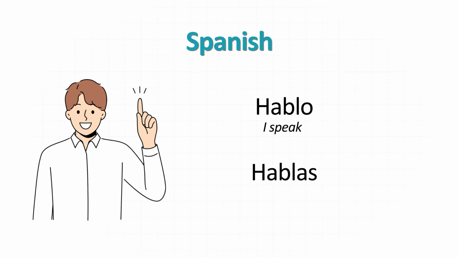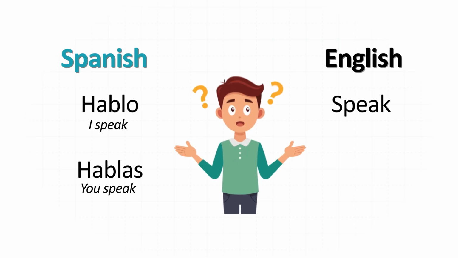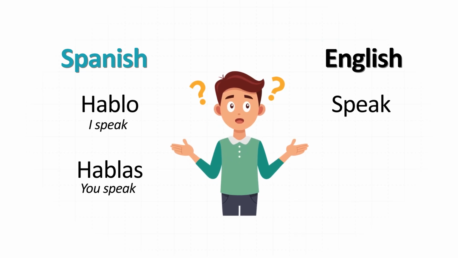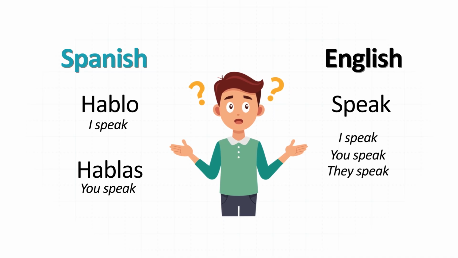They can say hablas, and everyone knows it means you speak. The pronoun isn't necessary because the verb ending already did the job. In English, if you just said speak, nobody would know if you meant I speak, or you speak, or they speak. We need that pronoun. Spanish doesn't. Spanish builds the information into the verb itself.